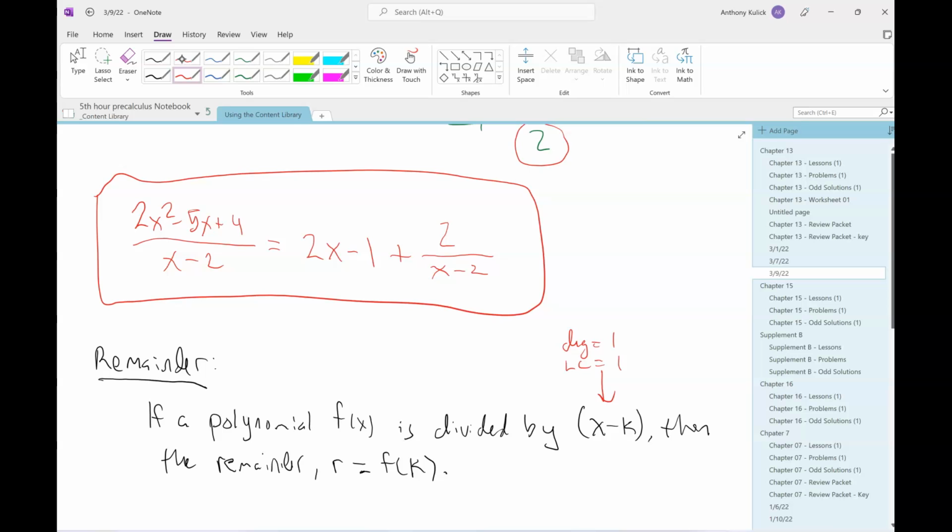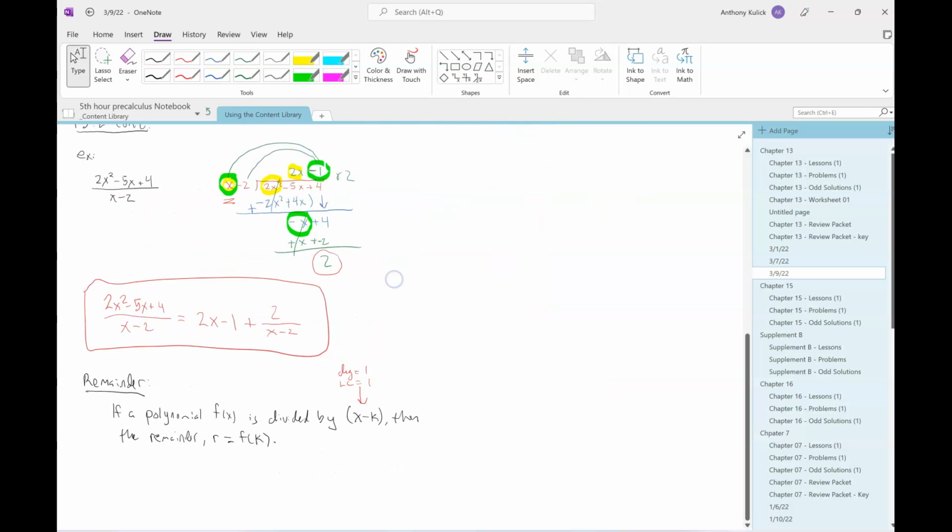So let's look at what that's really saying here. In this case, my f of x is 2x squared minus 5x plus 4. That's what we did in our previous example. And our x minus k is just x minus 2. Everybody's good with that?